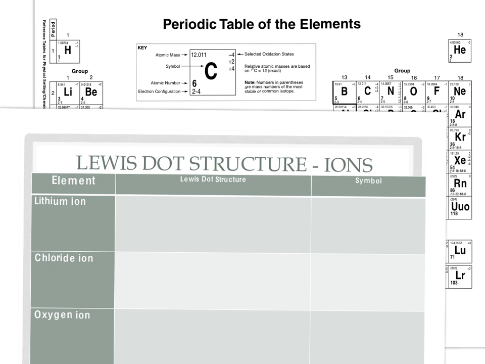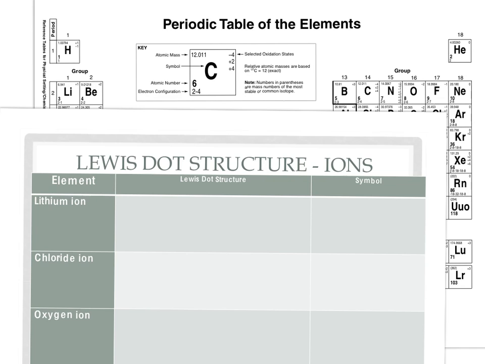Now, what happens if the atom loses or gains an electron, in other words, what if they become an ion? So let's take a look at how we will draw the Lewis dot structure for these ions. So let's take a look at lithium. Remember that lithium has a 2-1 configuration, so that means that it has 1 valence electron.